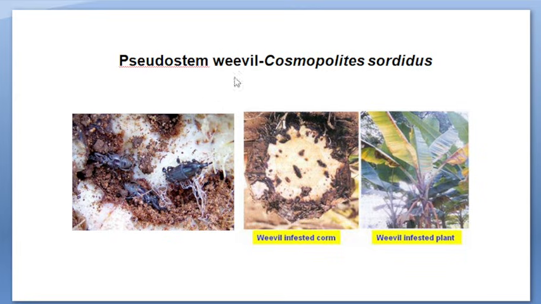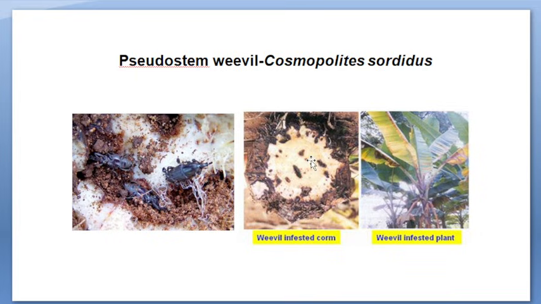And pseudostem weevil, that is Cosmopolites sordidus. This infestation we will not see until we cut open the pseudostem. This weevil will reside in the fleshy pseudostem, and only when we cut open the stem can we see the problem.